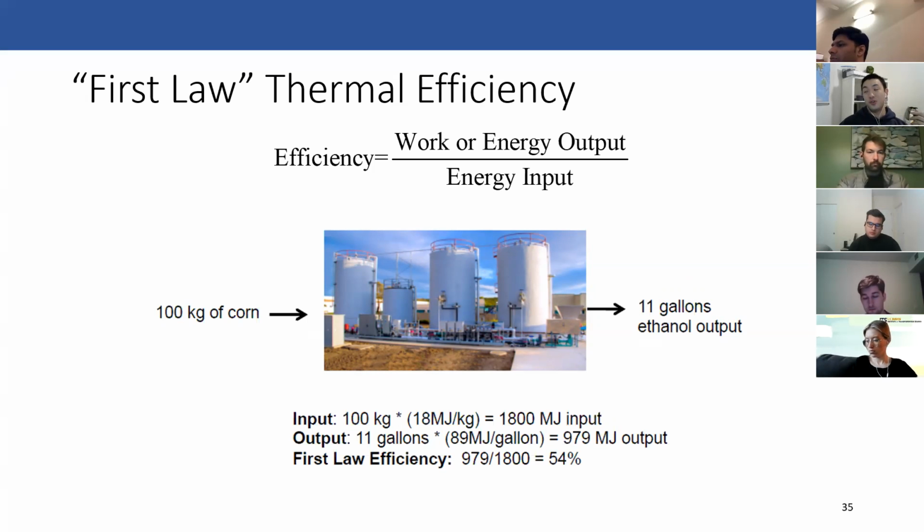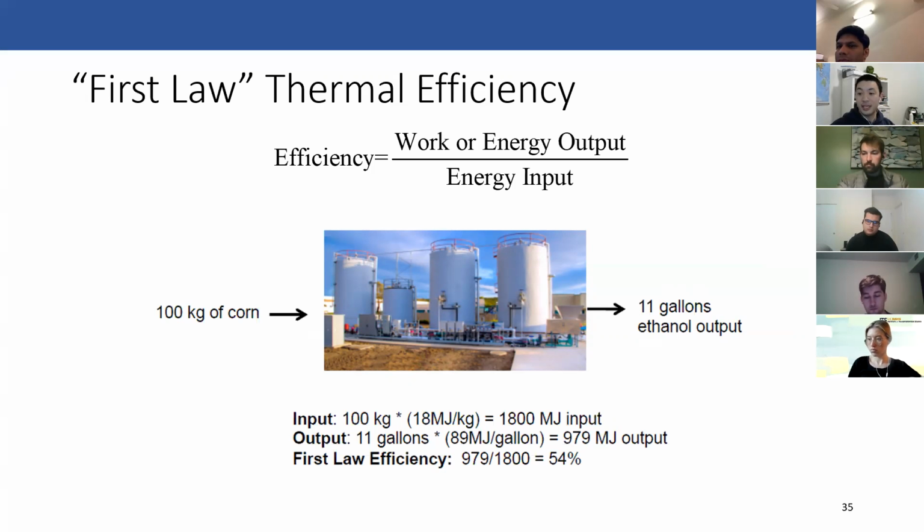So in order to make sure that you are specifying the correct efficiency measure, oftentimes in these settings you will translate it into the same unit before you do your conversion. Here, this 100 kilograms of corn is being multiplied against the energy density of corn, the amount of energy contained within the corn itself, 18 megajoules per kilogram.